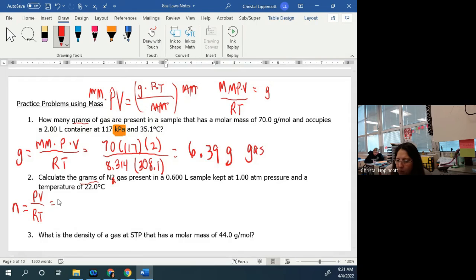Don't go away. My pressure here is 1. My volume is 0.6 over, and I've got to figure out what R unit to use. Well, this is in atm, so I'm going to use the R value associated with atm, which is 0.0821, times my temperature, but I've got to convert this into Kelvin. So it's going to be 295 Kelvin.